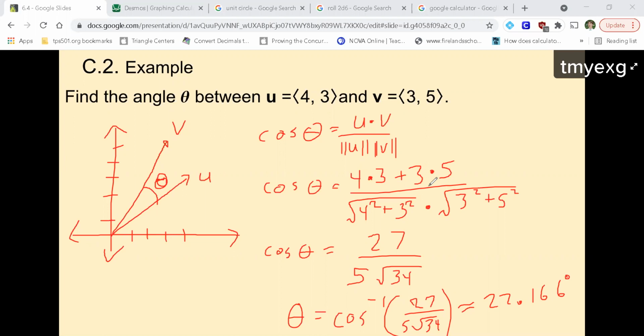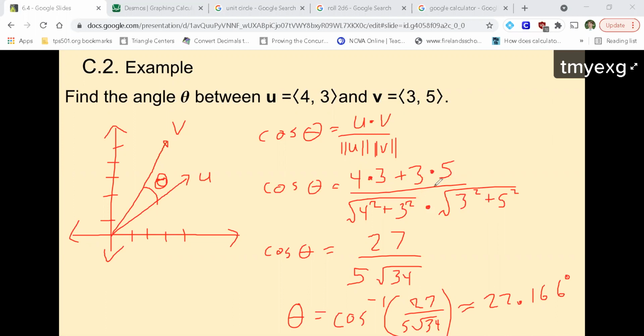All right, I did probably a little bit more work than you needed to. Once you have this all in numbers, you can just type it into your calculator right here and take the cosine inverse. If your answer is going to be a decimal anyway, then just find out what this decimal is to begin with and take its arc cosine.